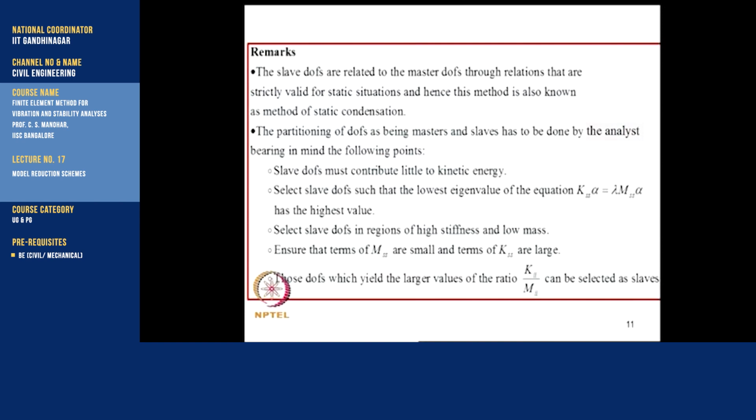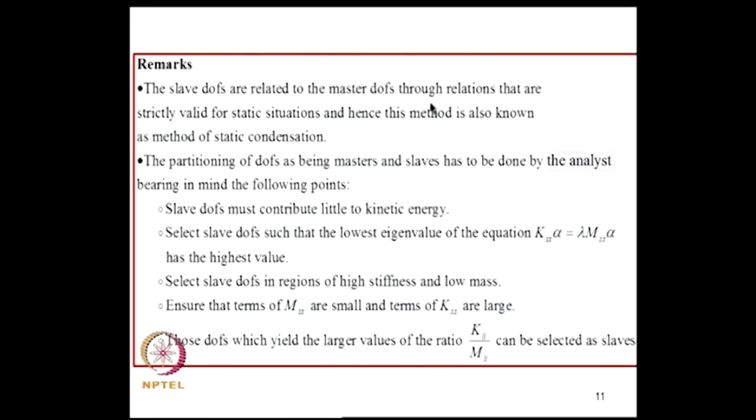So, I will illustrate that with an example. This again is a consequence of the basic fact that we are relating the master and slave only through static relations. So, as I was telling, select slave degrees of freedom in regions of high stiffness and low mass. Now, we need to ensure that terms of MSS are small and terms of KSS are large.